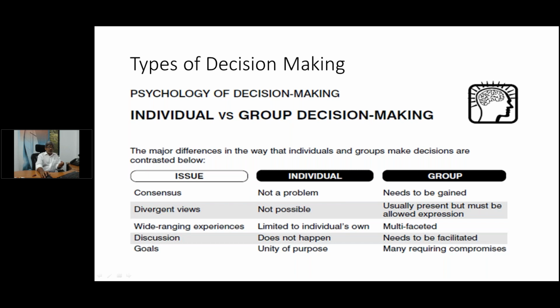whereas in the group we have many people in our team. They have different views. They have different mindsets, and they may come up with a different solution. We may have one solution on the individual side, and we may have many solutions on the group side.